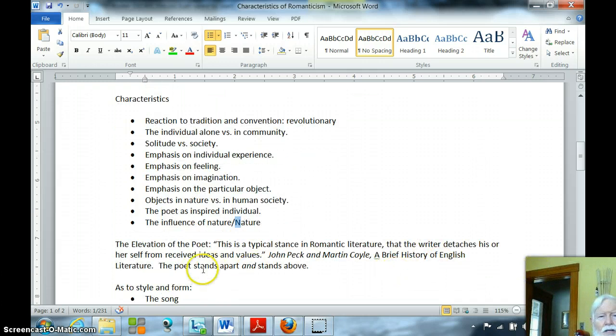Let's get back to the bard, because I like this quotation here, the elevation, what I'm calling the elevation of the poet. And this is from Peck and Coyle, A Brief History of English Literature.